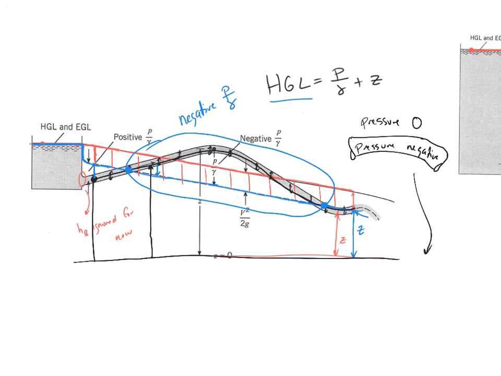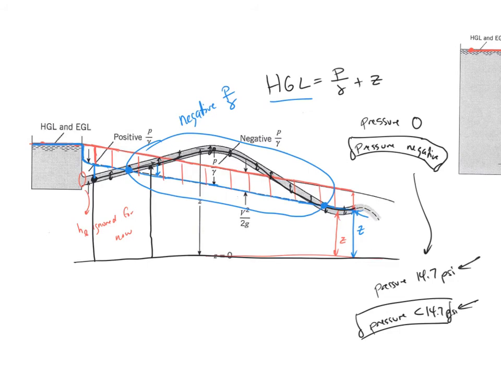The other way to think of it is pressure, let's say 14.7 psi, pressure less than 14.7 psi. So this is atmospheric and this is below atmospheric.